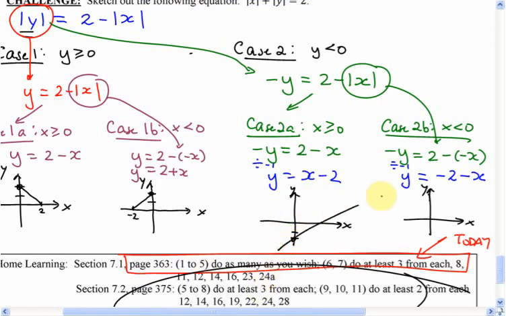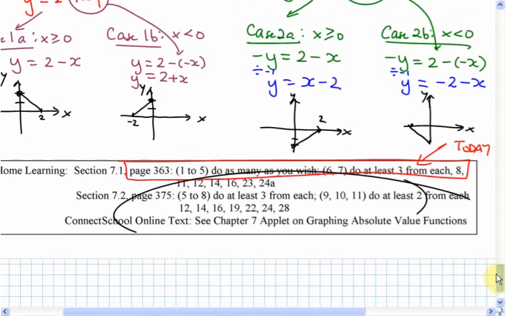Oops, wait a minute, that's wrong, because it has to be bigger or equal to 0, so I should start on the right of the y-axis. Oh, wait a minute, that's still wrong, because look, case 2 is y is less than 0, so all we have is just this portion right here. And then last but not least, for this part, we get just this portion right there.